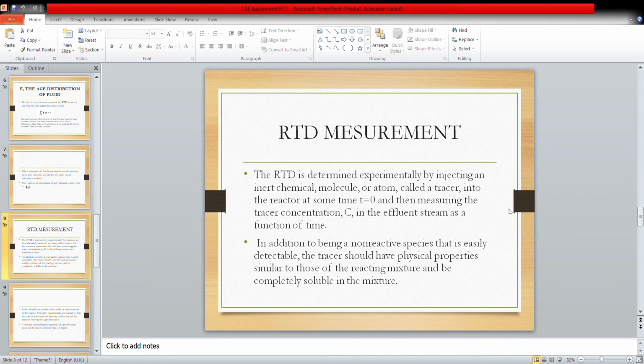It should also be completely soluble in the mixture. It should not be insoluble, and it should be easily detectable, and the physical properties of the tracer should match those of the reacting mixture.